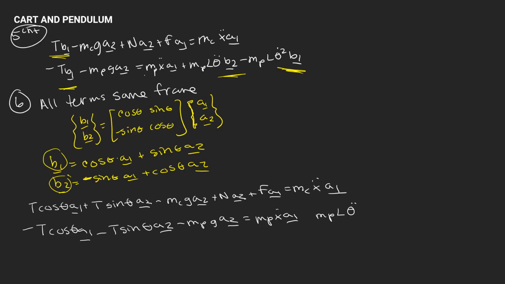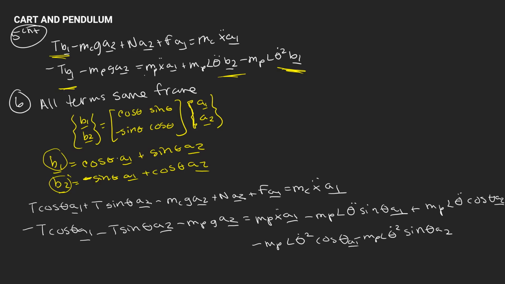So this will be minus sine theta A1, and then plus m_p L theta double dot cosine theta A2, and minus m_p L theta dot squared cosine theta, minus m_p L theta dot squared sine theta. Sorry, this is A1 and this is A2.